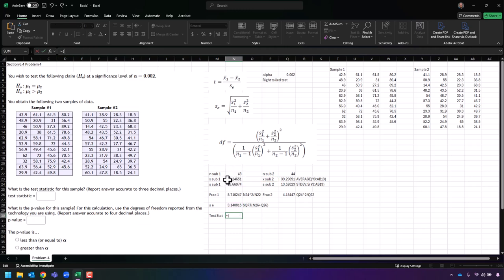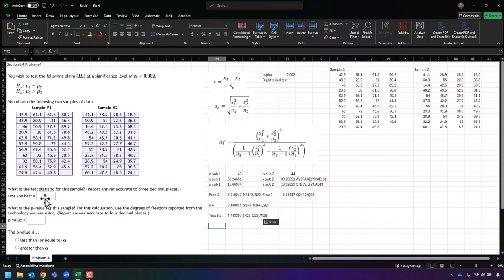So, this guy minus this guy, that should be the numerator, and dividing by the standard error. Okay. Not sure what I did the first time around, but I did something wrong. It's okay to make mistakes as long as we get back and fix them up. But now we have the test statistic.